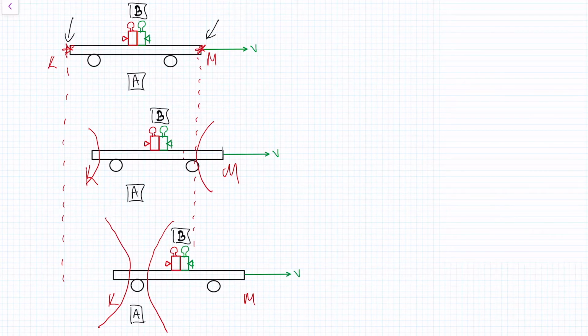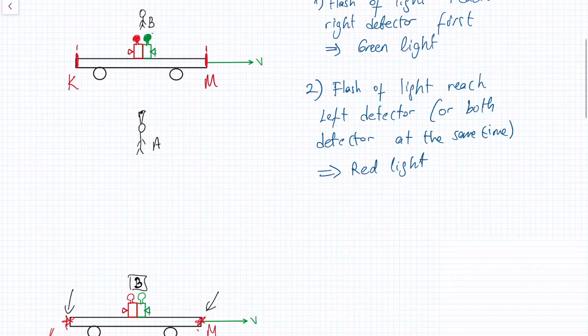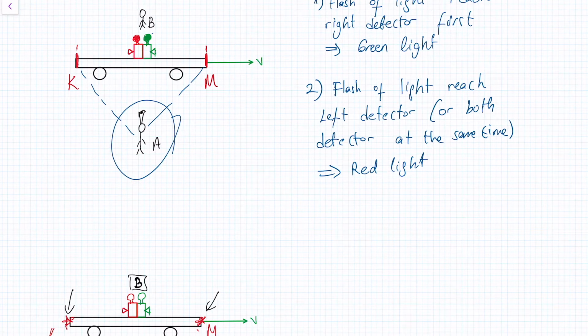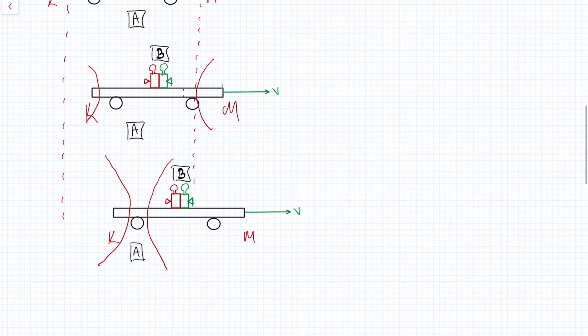So according to the person standing at A, as you can see geometrically as well, this will be an isosceles triangle. So it is not surprising that for the person at A, these events are simultaneous. The explosions take place at the same time and the light reaches the person at the same time as well. So person A will deduce that these events are simultaneous, right?